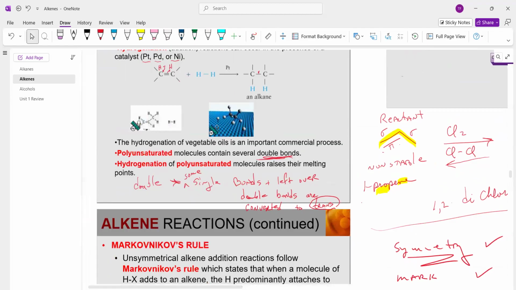Now, one of the homogeneous additions you can have is with H2, or hydrogen gas. This is called hydrogenation. And this here is a big deal. It used to be more important than it is now because the whole food industry relied upon Crisco, vegetable fat.